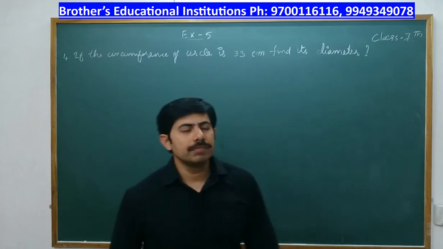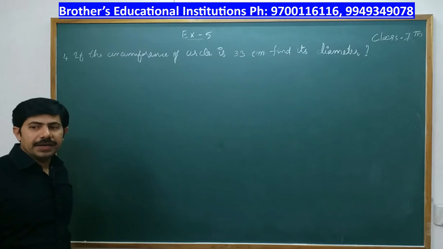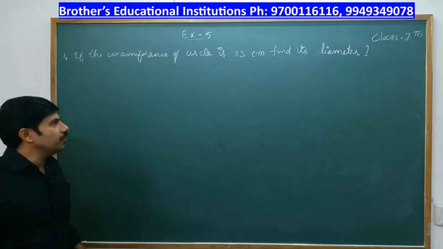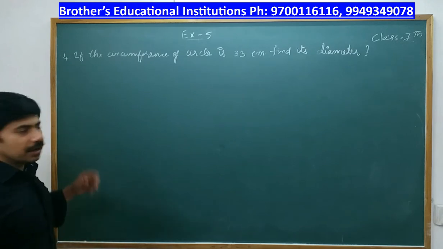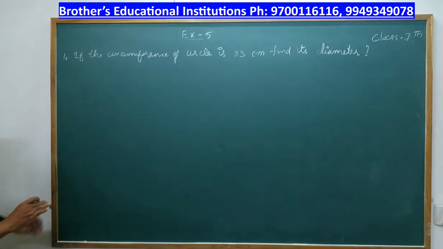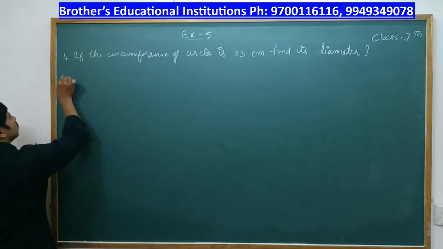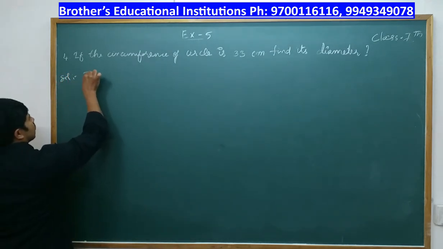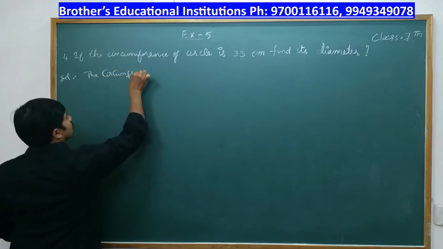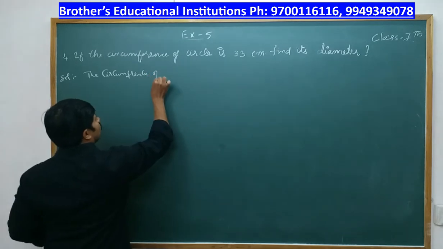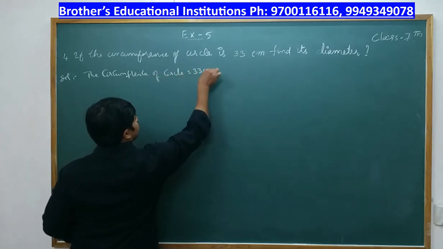So next problem. If the circumference of a circle is 33 centimeters, find its diameter. See, we have two methods to solve this problem. I'll tell one method first, later on I'll tell the second one. So the first method: first we write the circumference. The circumference of a circle is 33 centimeters.